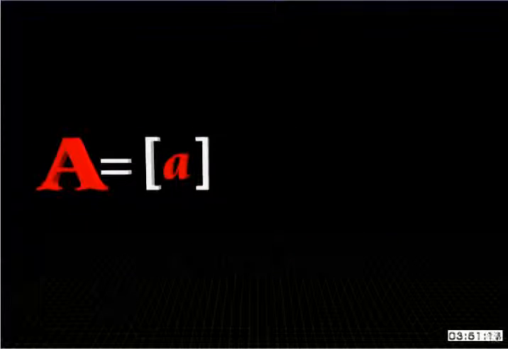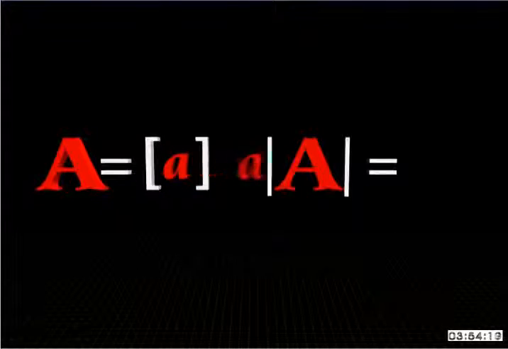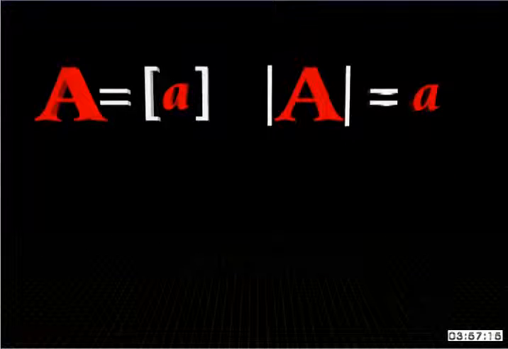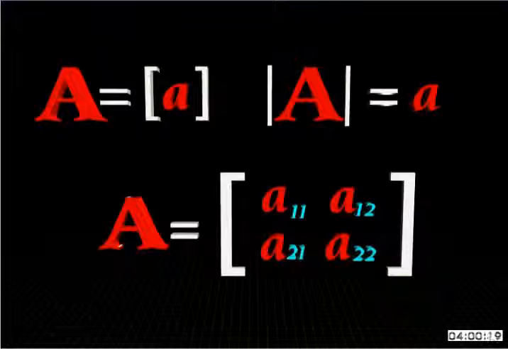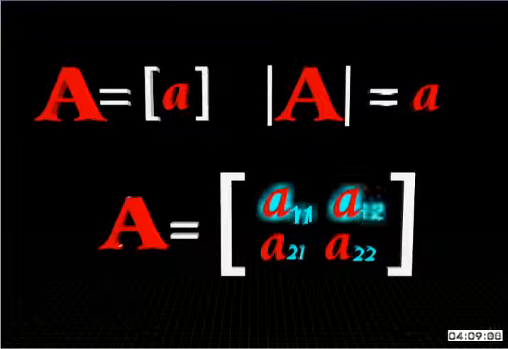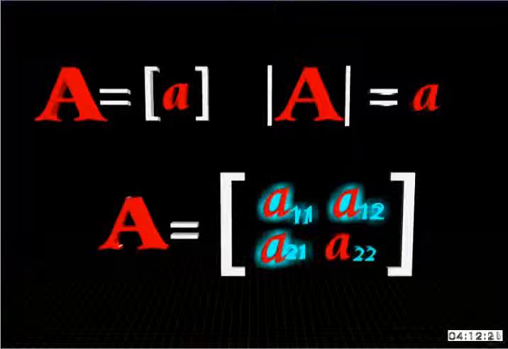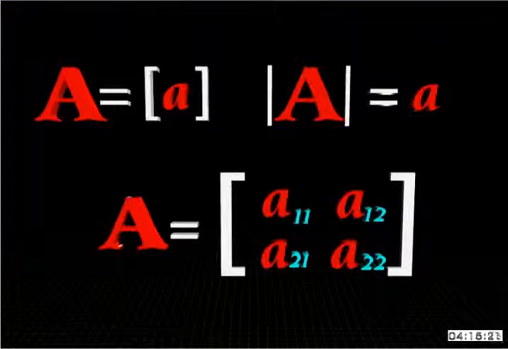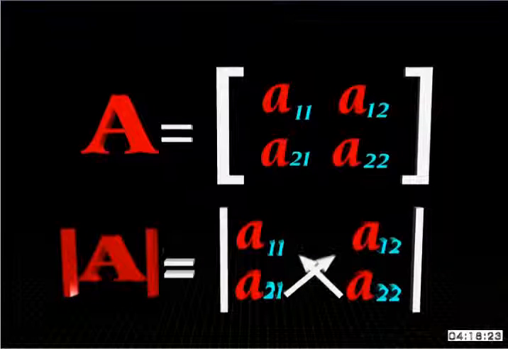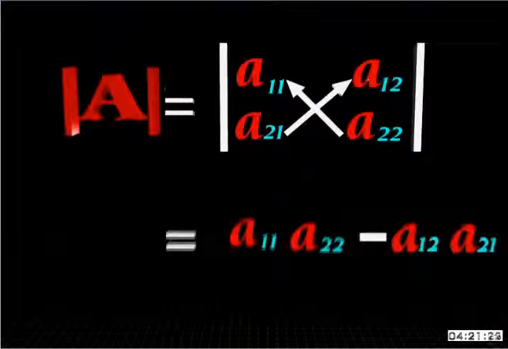Suppose A be a square matrix of order 1 containing element A, then determinant of A is defined to be equal to A, and if A is a square matrix of order 2 containing elements A11, A12, A21 and A22, then the determinant of matrix A is given by A11 into A22 minus A12 into A21.